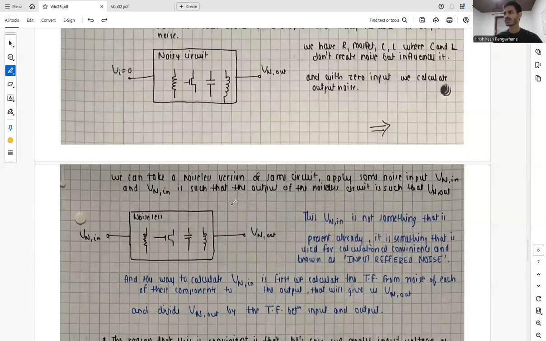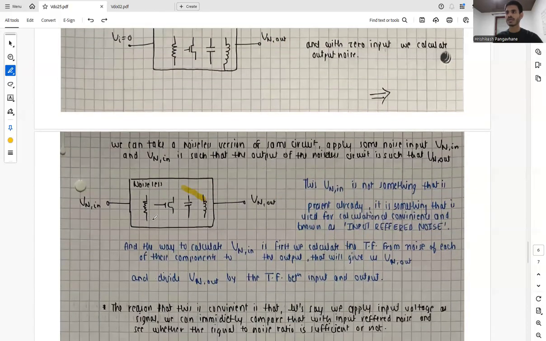We can take a noiseless version of the same circuit where all the components are noiseless, and apply some noise input Vn in, and Vn in is such that the output of the noiseless circuit is Vn out. Over here we said that we are providing no input, and due to the noise we are getting Vn out as our noise output.